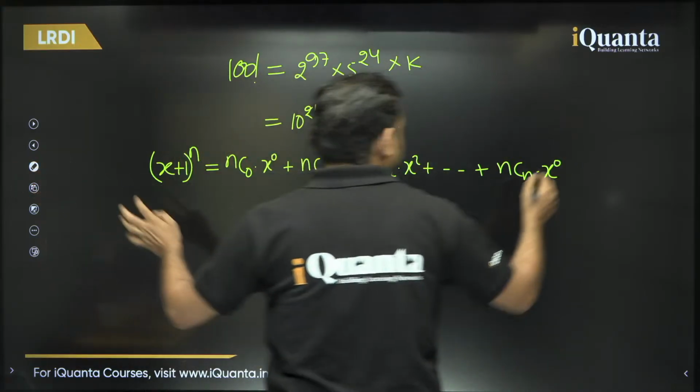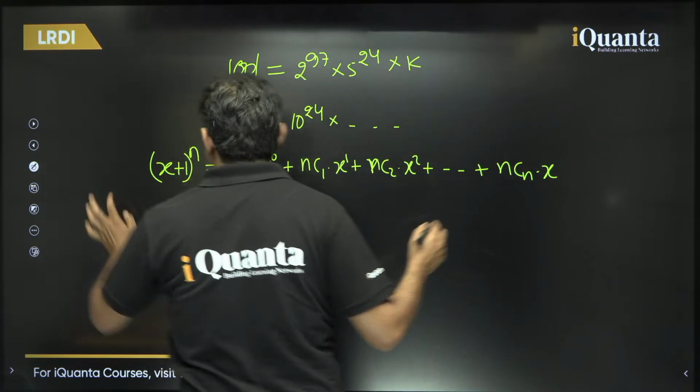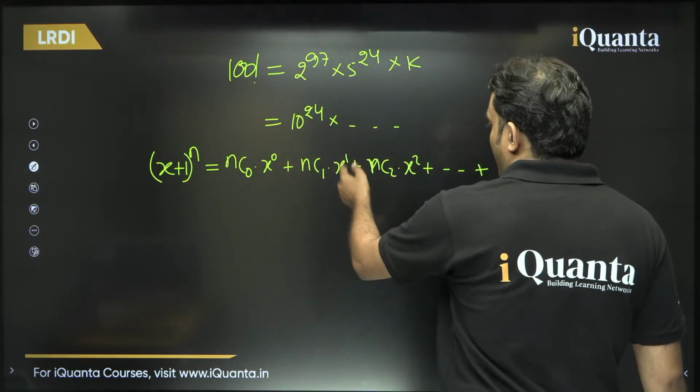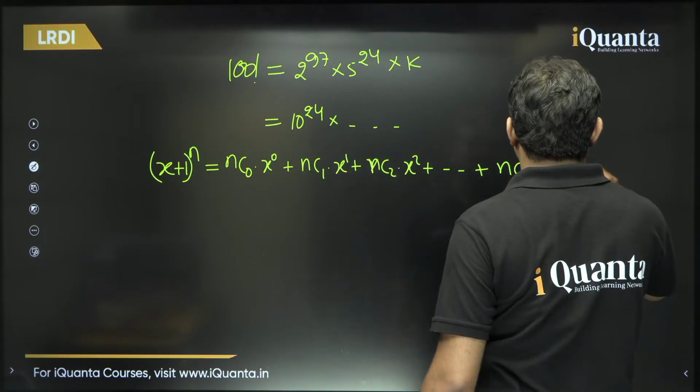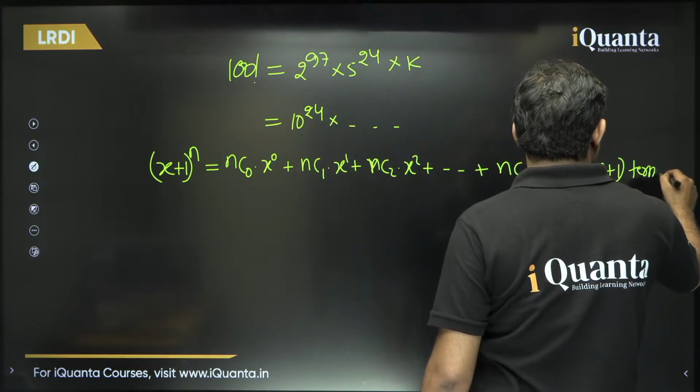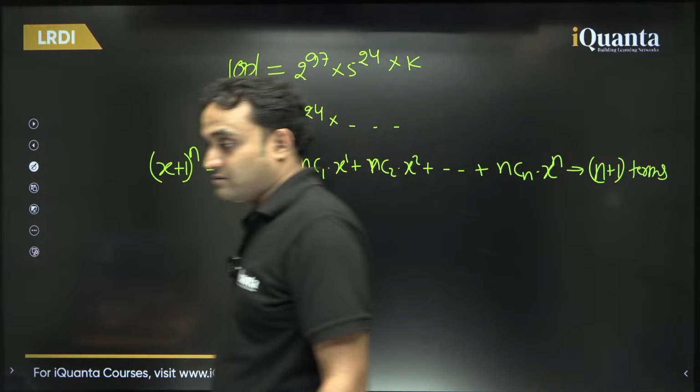Are you aware of this? See, there will be how many terms? 0, 1, 2 till n. There will be n plus 1 terms, right?